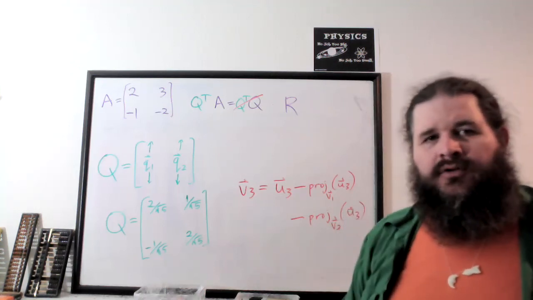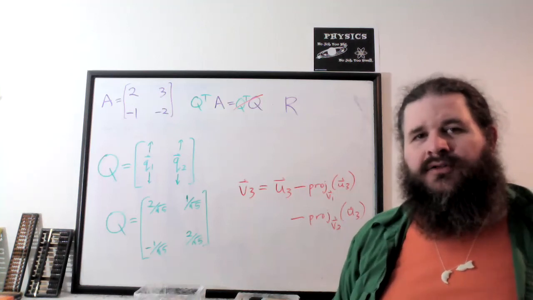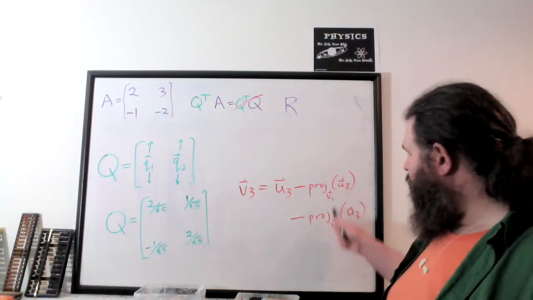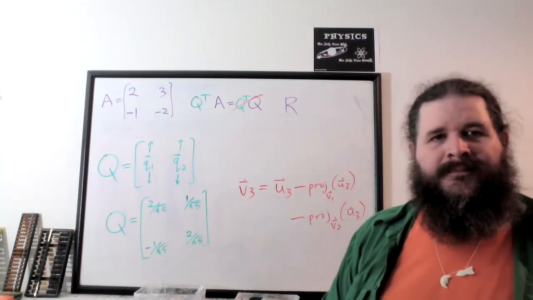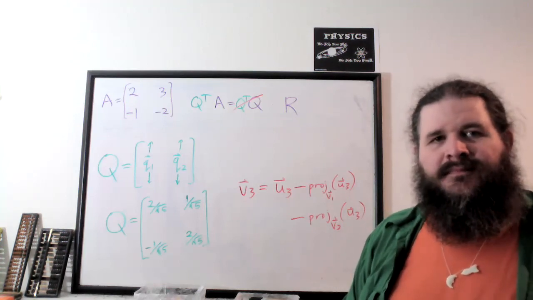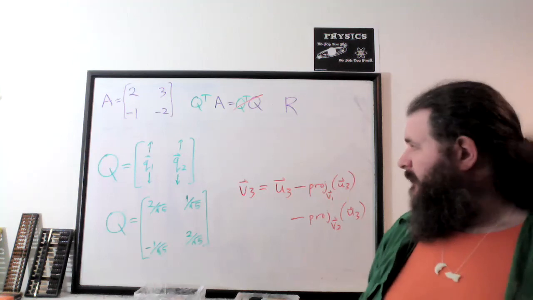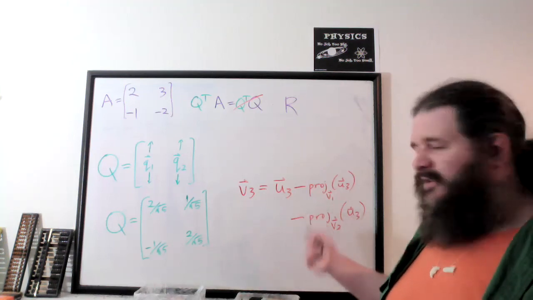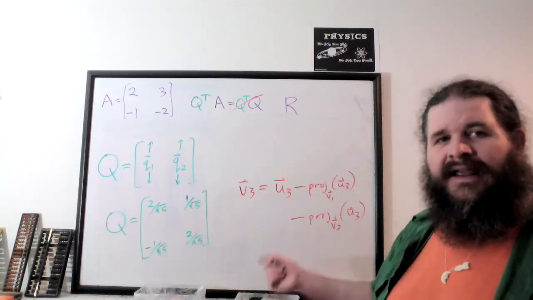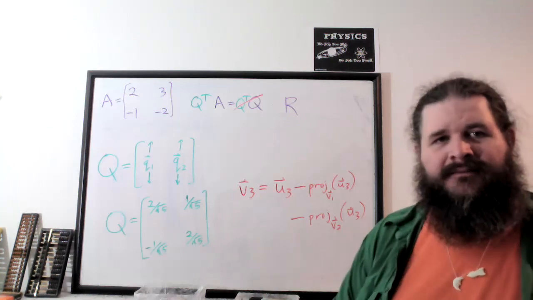So you're just taking U3 and subtracting projections of U3 itself onto all the vectors you've already found. And then V4, same idea. You start with U4 minus the projection of U4 onto V1 and V2 and V3 independently.